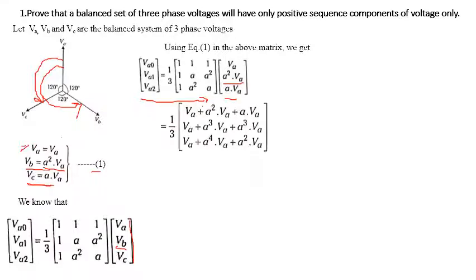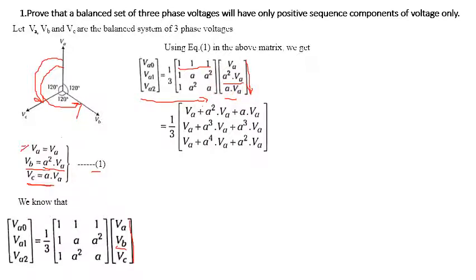Then we know how to do the matrix multiplication: row into column. For the first row, 1 into Va is Va, 1 into a square Va is a square Va, and 1 into a Va is a Va.